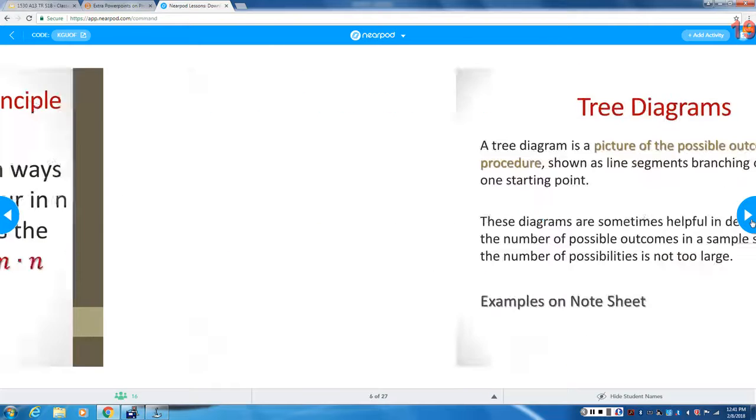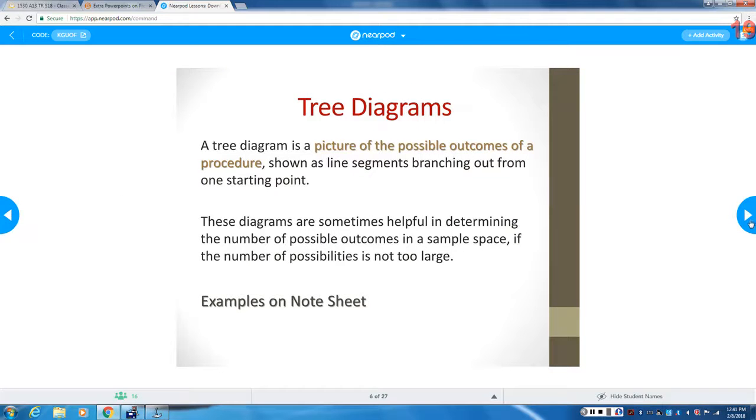Okay, so in a tree diagram, we're going to do some examples on our note sheet. A tree diagram is just a picture of the possibilities, but they get big fast. So I'll do the examples on our note sheet now.